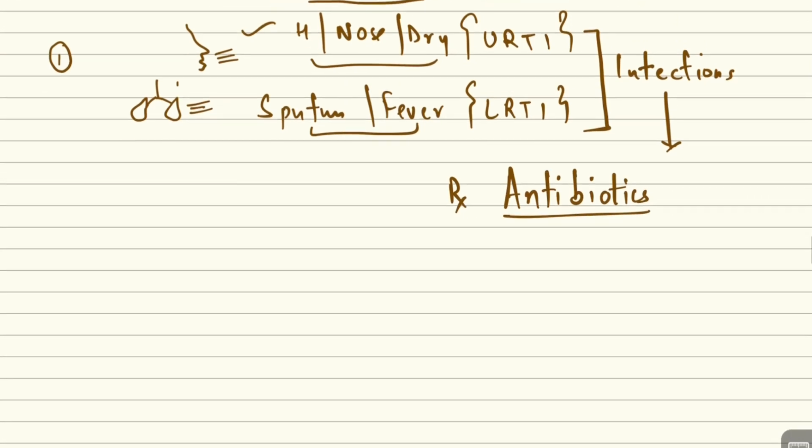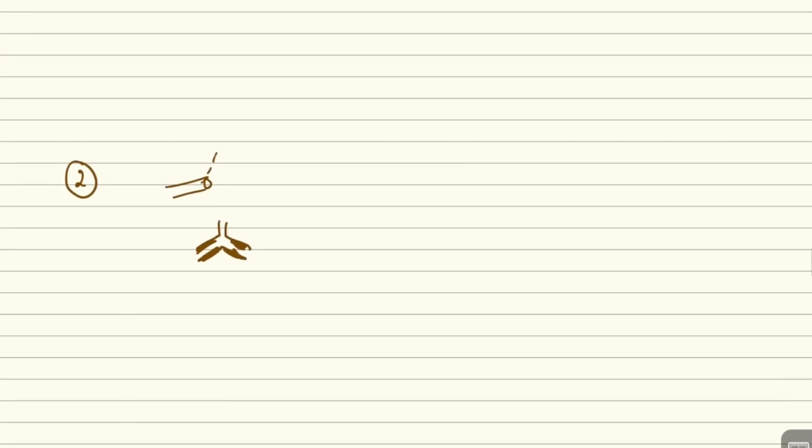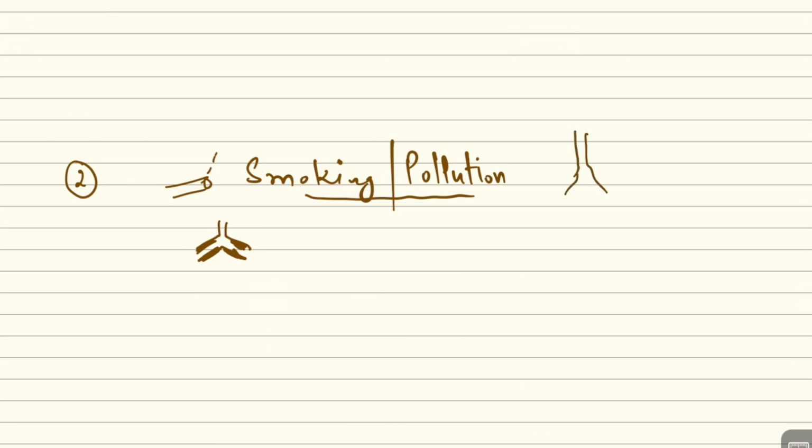Sometimes the patients are chronic smokers and keep on smoking, and sometimes they are exposed to a lot of pollution. The pollution and smoking particles are very irritating to our respiratory passages and cause inflammation in the respiratory tract, and this inflammation leads to chronic bronchitis.